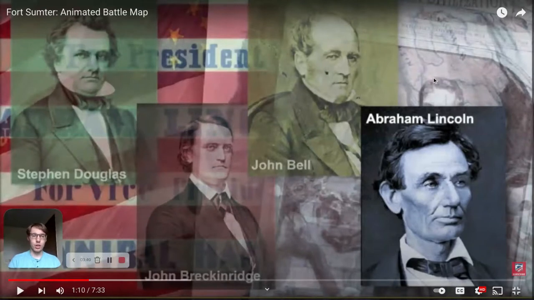But John Breckinridge took most of the southern states. Stephen Douglas took the northern Democrat states, and then Abraham Lincoln took the rest. But because they were so split up, Stephen A. Douglas lost many northern states to Abraham Lincoln because the votes just weren't there for him.